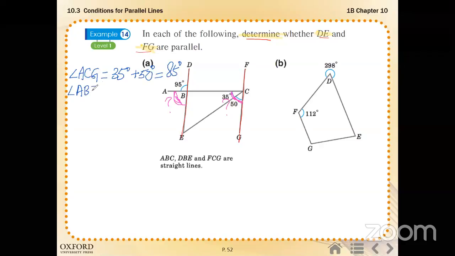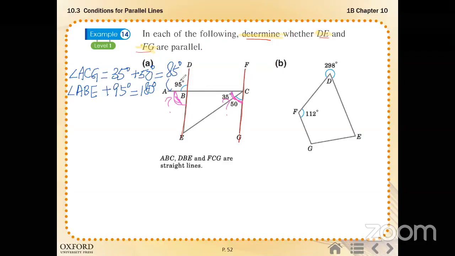I know that angle ABE plus, because here DE is a straight line, plus 95 degrees should be 180. Now in this case, you need to tell people why you know that when I add these two angles together, it is 180.